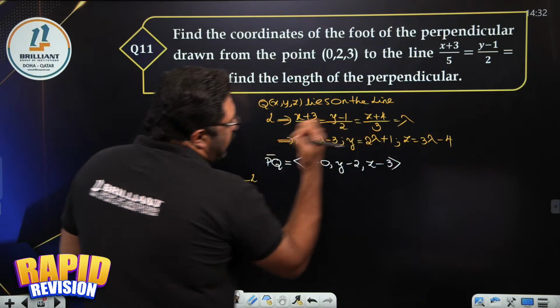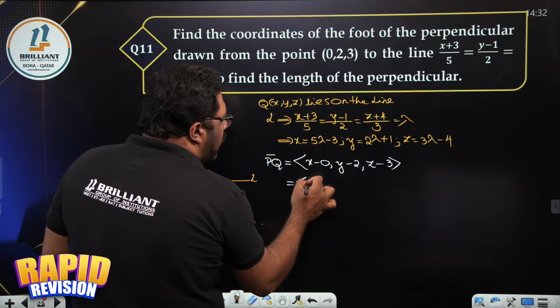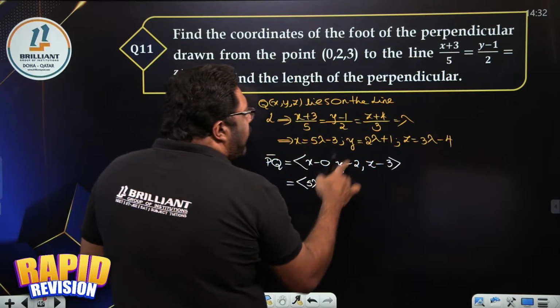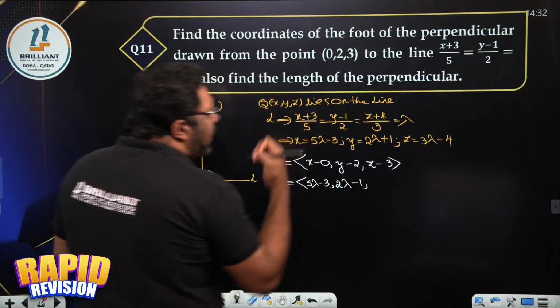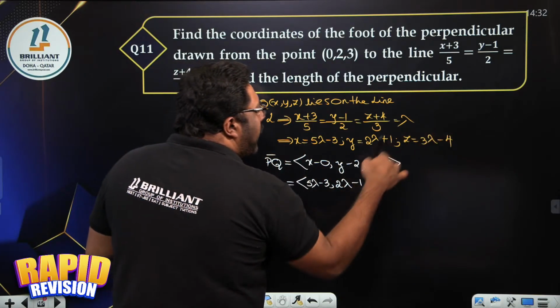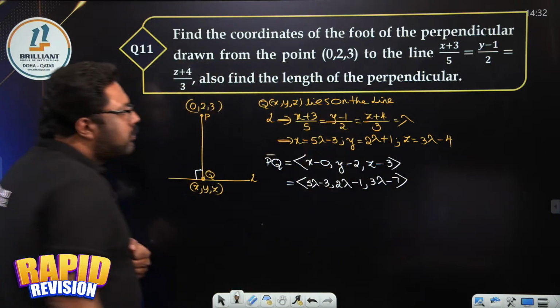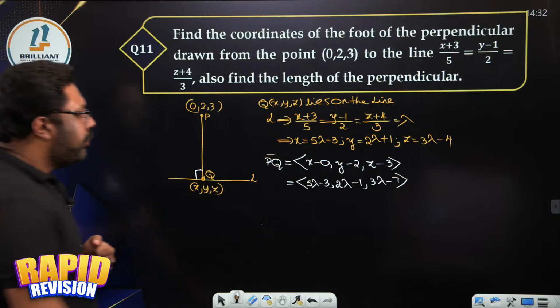These are the direction ratios of PQ. And we know x is 5 lambda minus 3. So 5 lambda minus 3, 2 lambda plus 1 minus 2, 2 lambda minus 1, 3 lambda minus 4 minus 3, 3 lambda minus 7. I got the direction ratios of PQ.